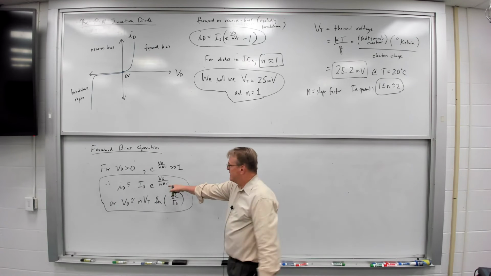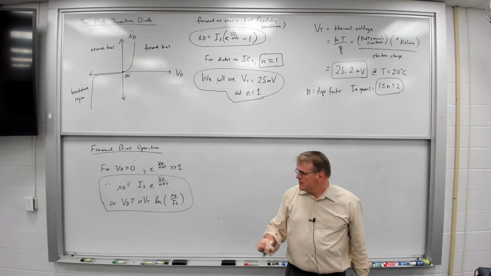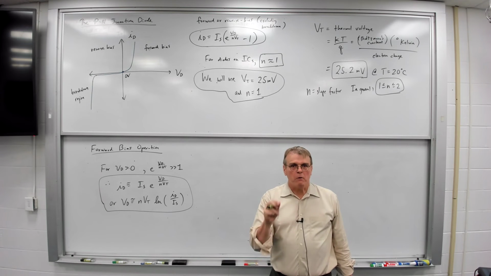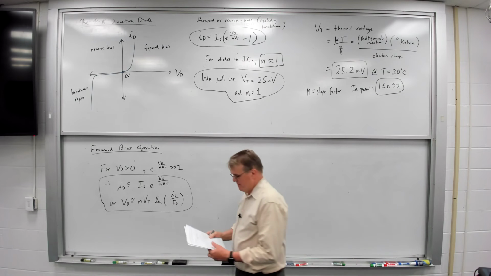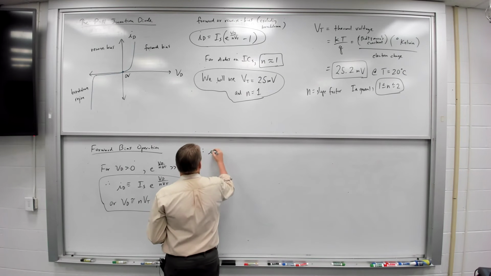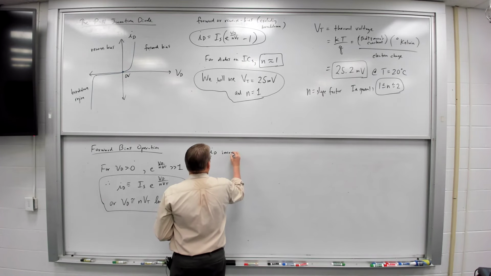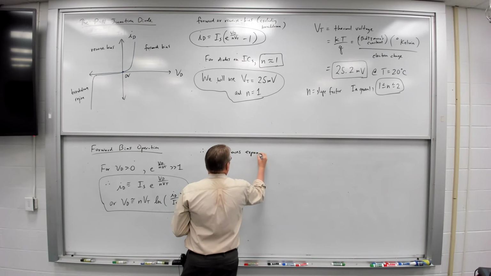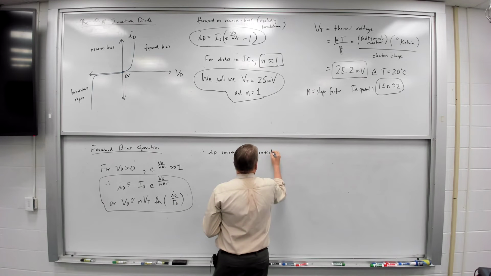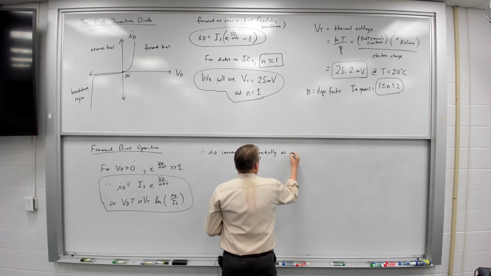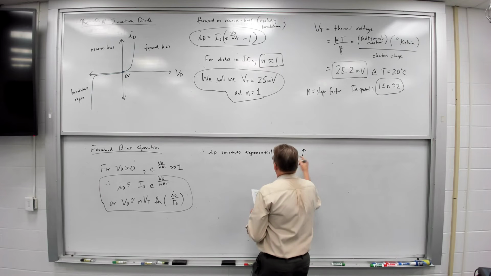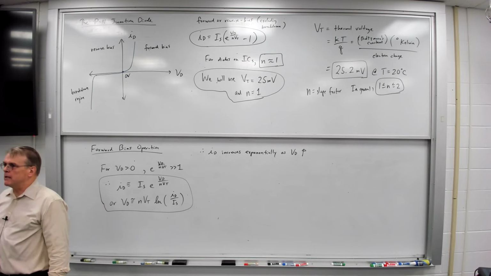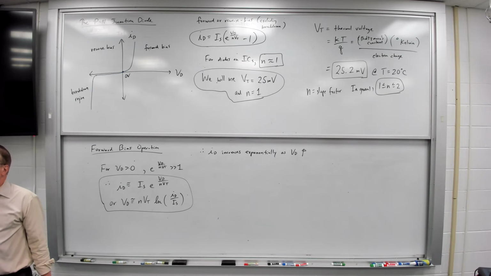So what do we have? Our conclusion from this is that diode current increases exponentially with the voltage across the diode. So we see an exponential relationship between diode current and diode voltage.